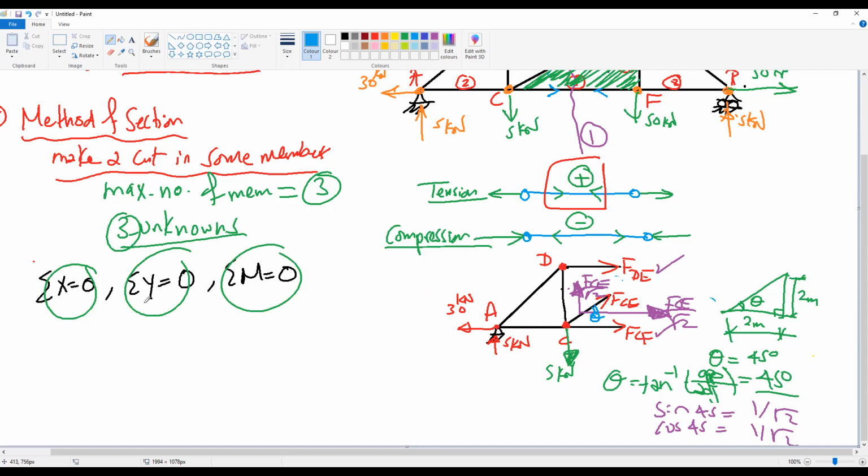But if we use summation y equal to 0, we have the force FCE divided by root 2 going up, so positive, minus 5 going down, the load, plus 5 going up, the reaction. Any other forces in the y direction?